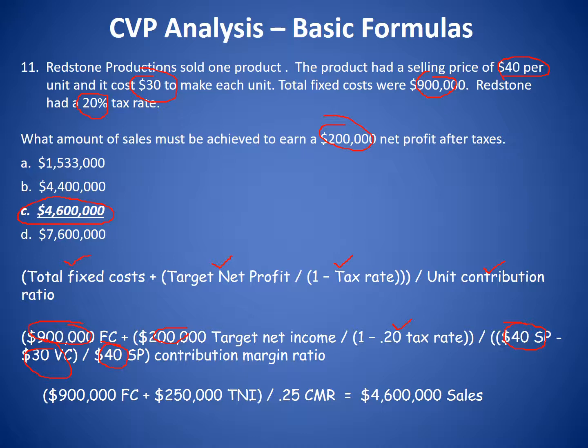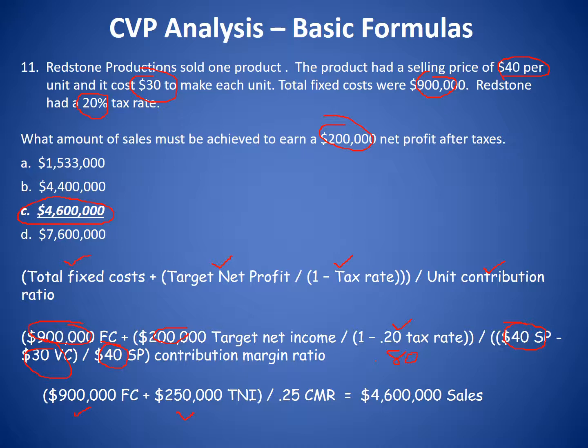So when we break this down, we show $900,000 of fixed cost plus $250,000 of target net income, and that's the $200,000 divided by, in effect, 1 minus the tax rate, which is 0.8 or 0.80 if you will. So 200,000 divided by 0.80 comes up to $250,000.